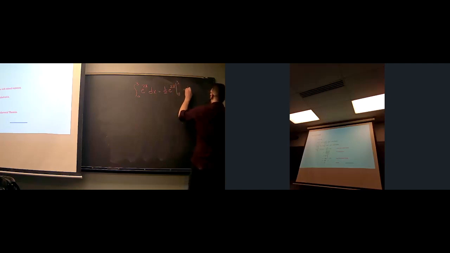This is 1/2 e to the 2x, evaluated from 0 to 3, which is going to give you 1/2 times e to the 6th minus 1. For those who are wondering where I got that 1, e to the 0th power comes out to be 1.